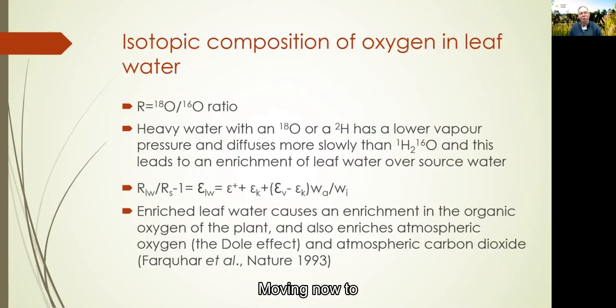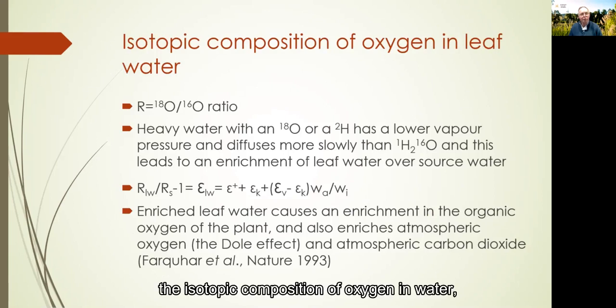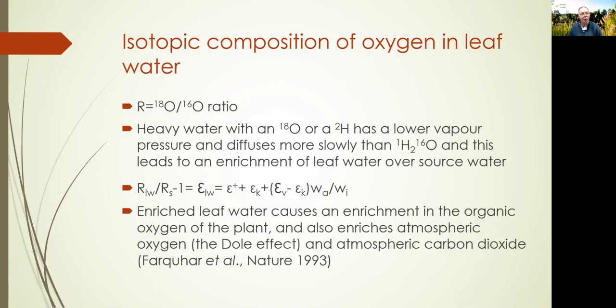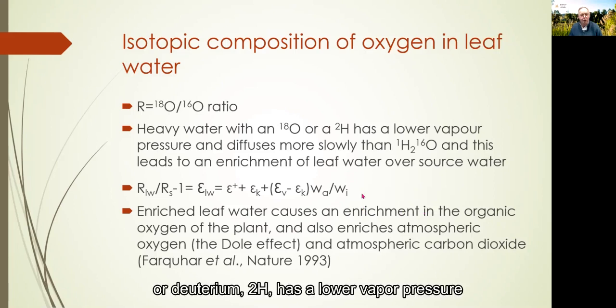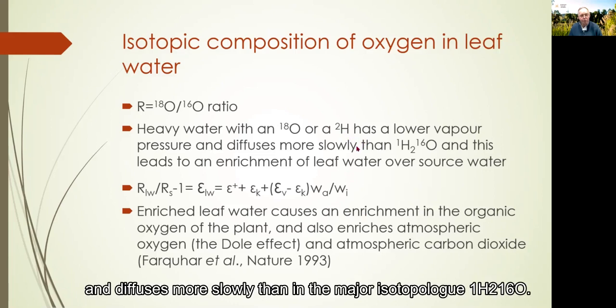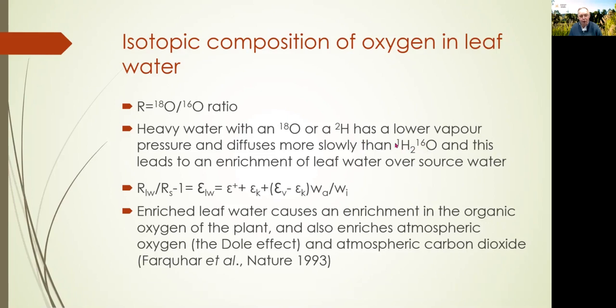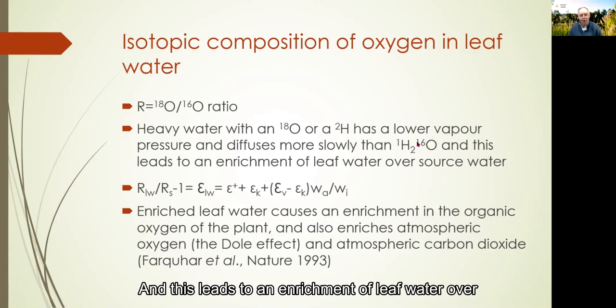Moving now to the isotopic composition of oxygen in water. Heavy water with an 18O or a deuterium, a hydrogen 2, has a lower vapor pressure and diffuses more slowly than the major isotopolog H2O, 1H2 16O.